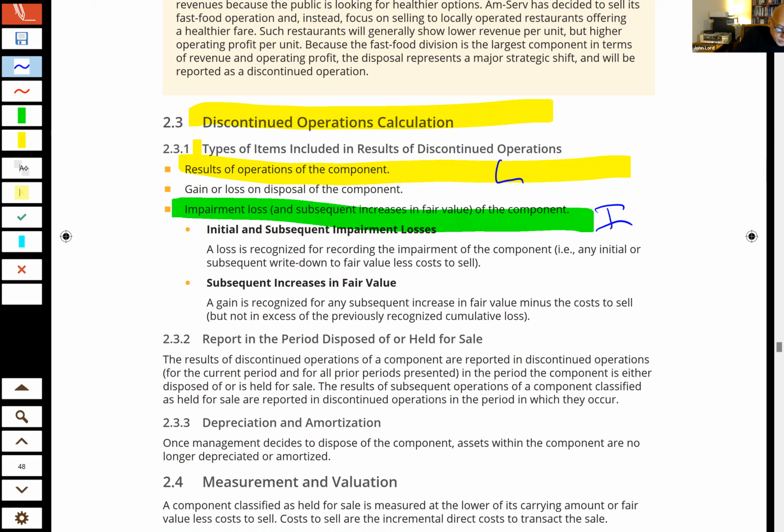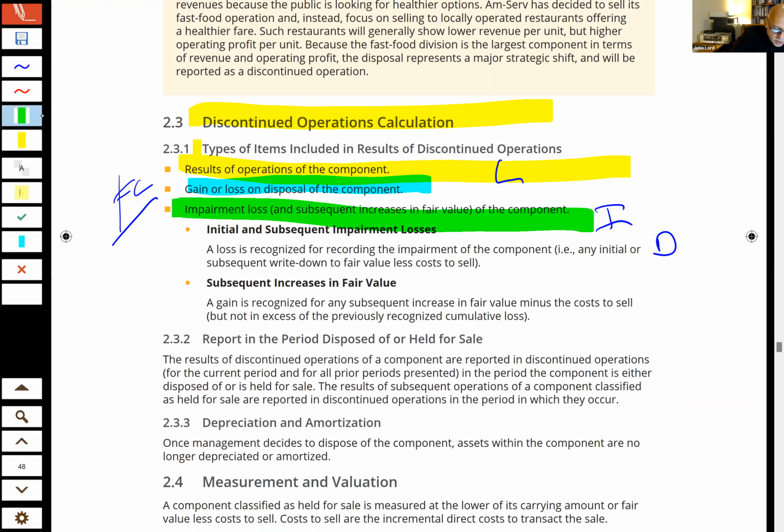And the disposal gain or loss, that is our D in LID. So you already know that. I've already asked you to flashcard that: the things that go into the calculation of the loss in the discontinued operation, the loss from actual operation, impairment loss, and disposal gain or loss.